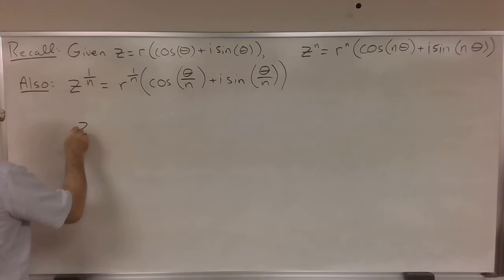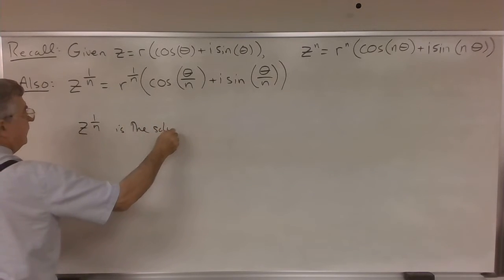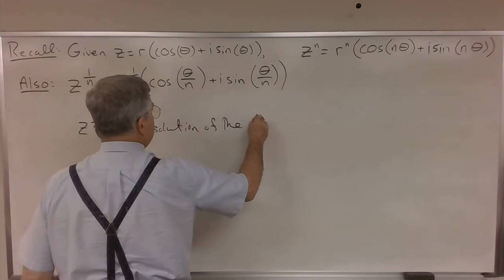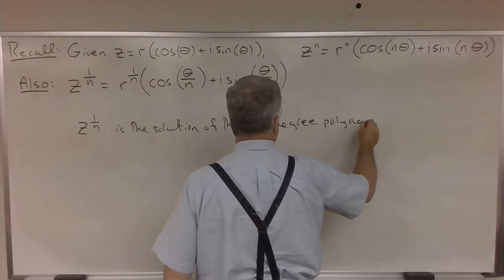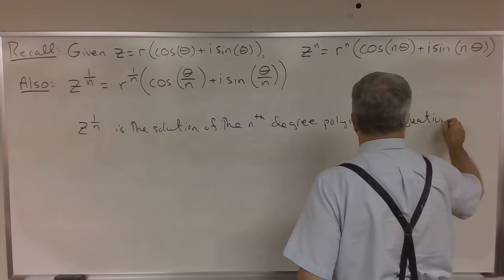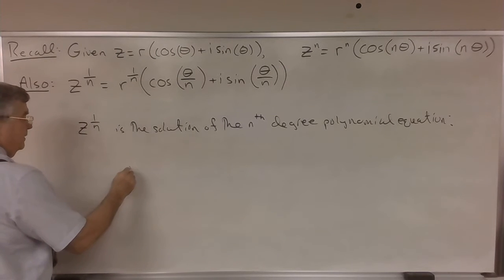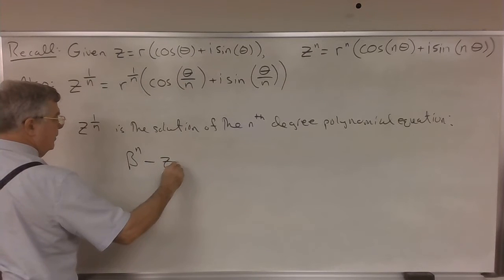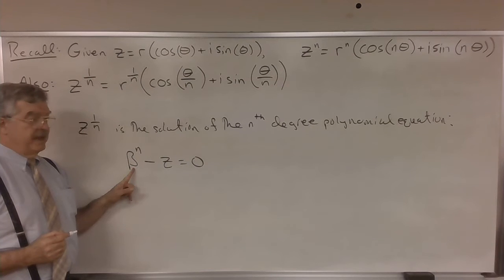This thing here, the variable of our polynomial is beta.